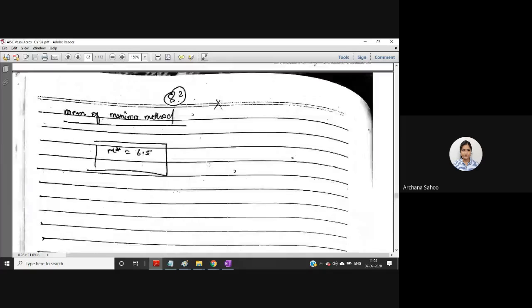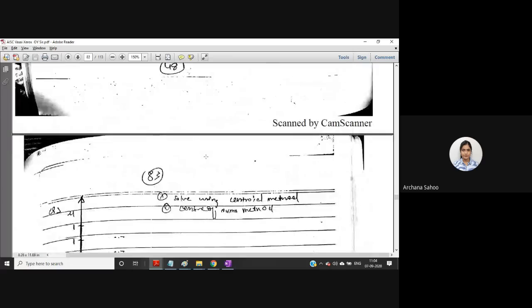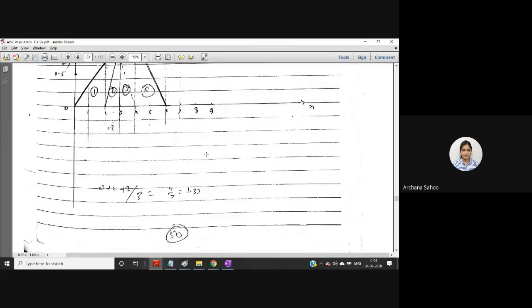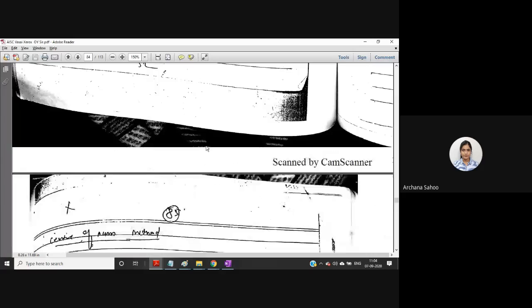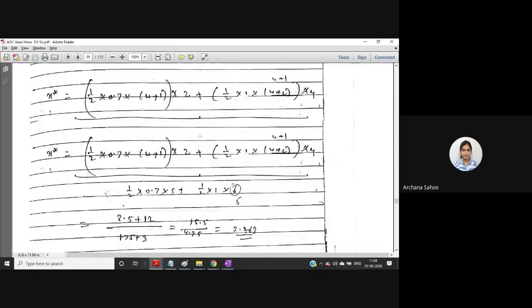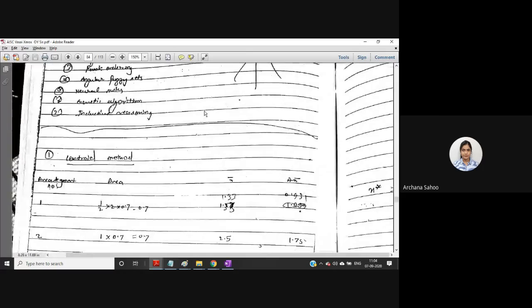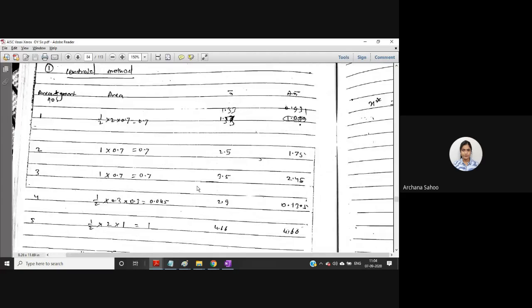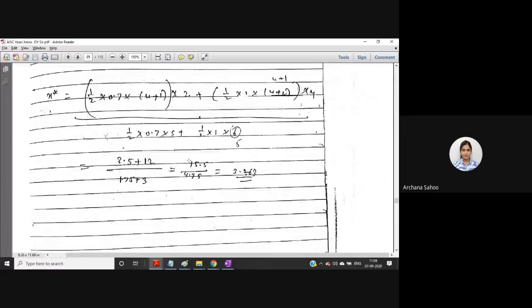So how are we considering these two graphs to be symmetrical? Yeah.